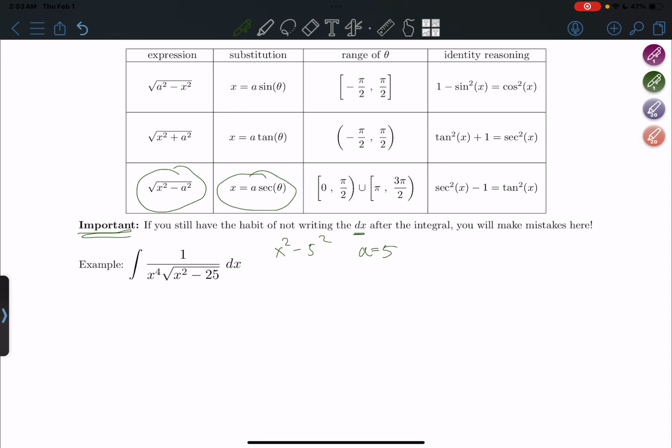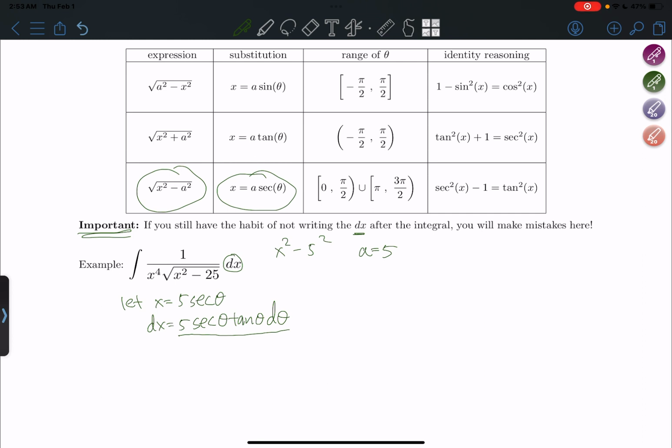Let's take a look at how this substitution is going to play out. We're going to let x equal 5 secant theta. That means dx equals 5 secant theta tangent theta d theta, the derivative of secant. This is where writing the dx is so important, because that little dx all of a sudden has that much piece of information.